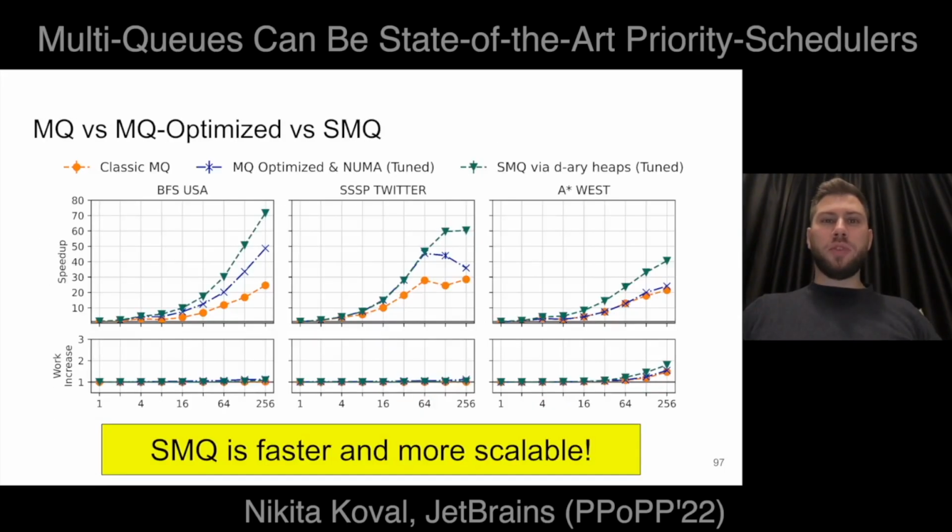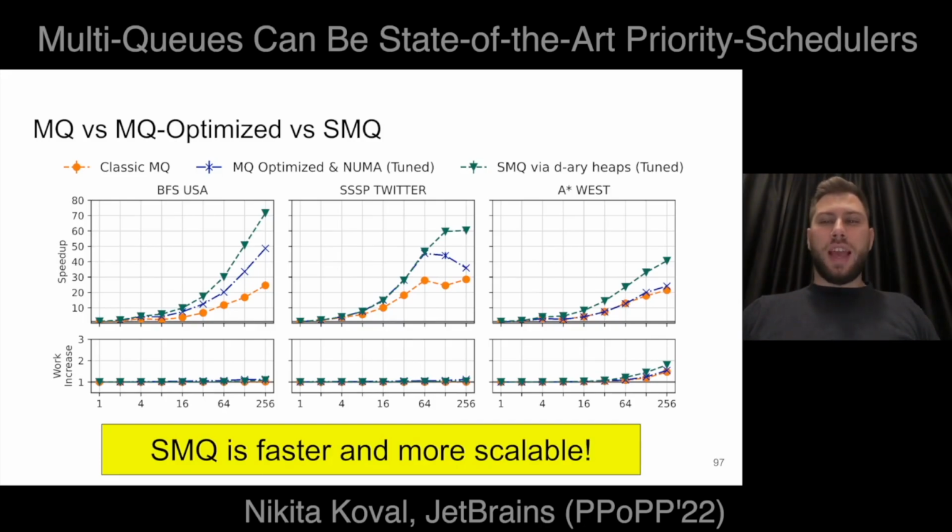Let's check the performance improvement we've achieved with this stealing multi-queue algorithm. So here you see the classic multi-queue algorithm, our multi-queue optimized version, and the stealing multi-queue algorithm via DRE heaps and stealing buffers.